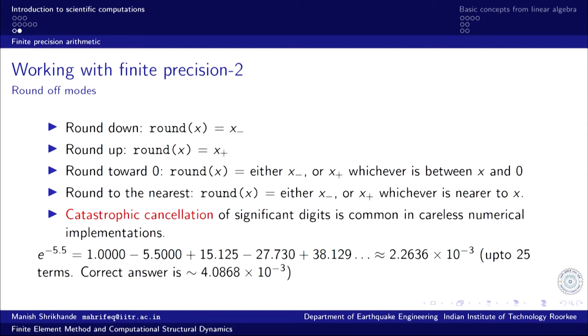So, that is a series expansion of e to the power x. If I calculate this again, retaining 5 significant digits in the calculation, and add this and this, expanding it up to 25 terms, the result begins to converge to this number, 2.2636 multiplied by 10 raised to the power minus 3.